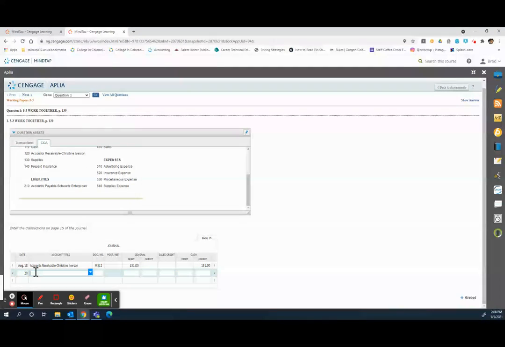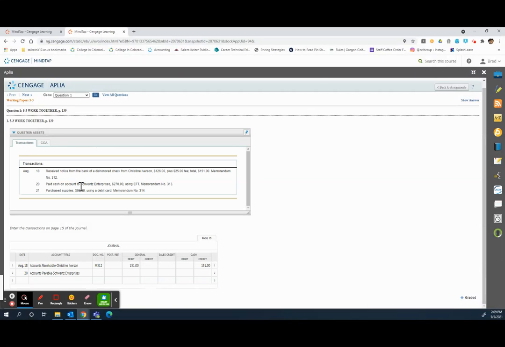This is going to be to accounts payable, Schwartz Enterprises. We owed them money, and now we're paying that off. So we will cash credit $270, and we will general debit $270, thus reducing what we owe to Schwartz Enterprises.